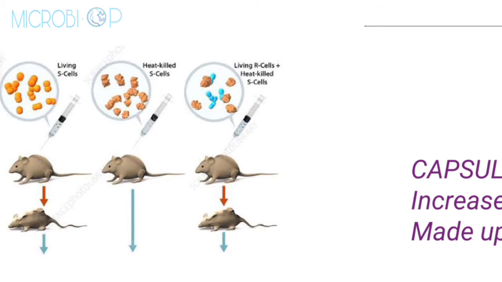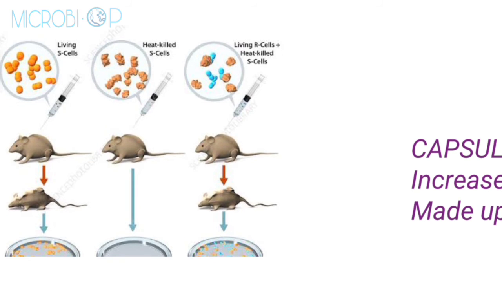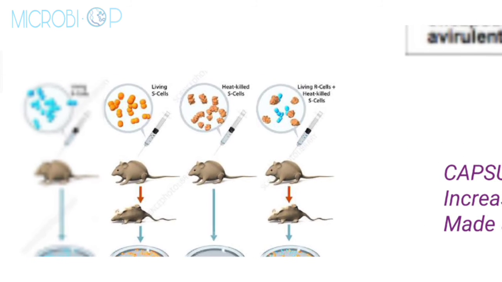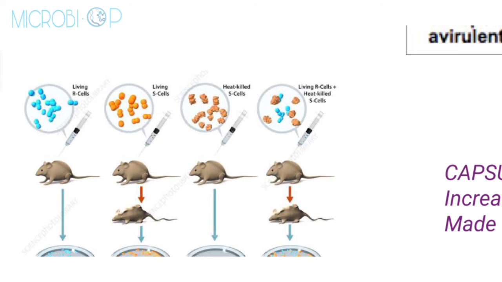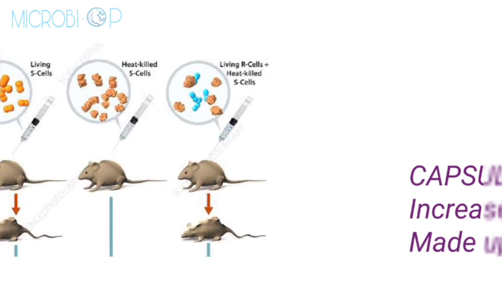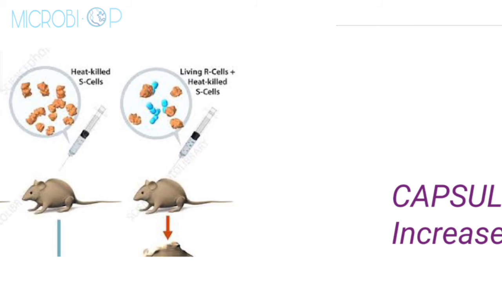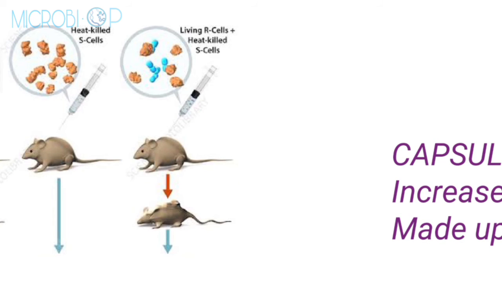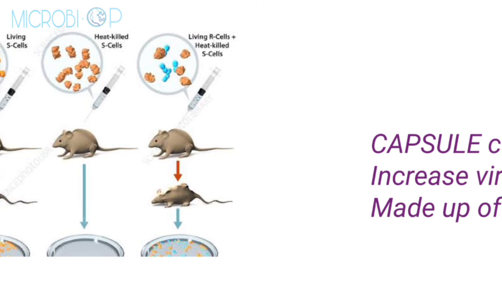Normally, it should not have killed the mouse, because when injected individually, neither produced any symptoms of pneumonia, and the mouse was alive. But when he injected those two mixed, the mouse died. This was a very astonishing fact. Why did the mouse die?